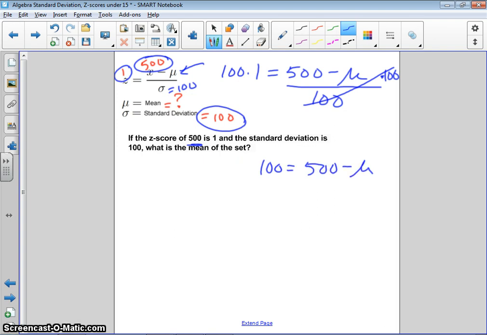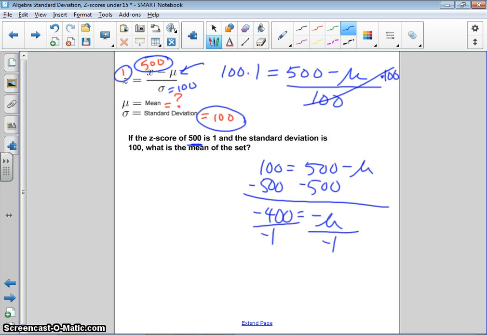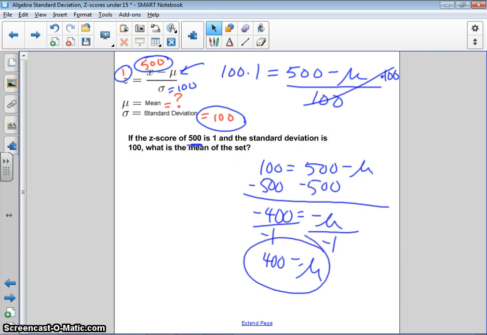So now to get the mean by itself, I'm going to subtract 500 from both sides. That's going to give me negative 400 is equal to the negative of the mean. I'm going to multiply both sides or divide both sides by negative 1, whichever way you like to say it, to get rid of the negative sign. So the mean is equal to 400. So there's our final answer on that one.